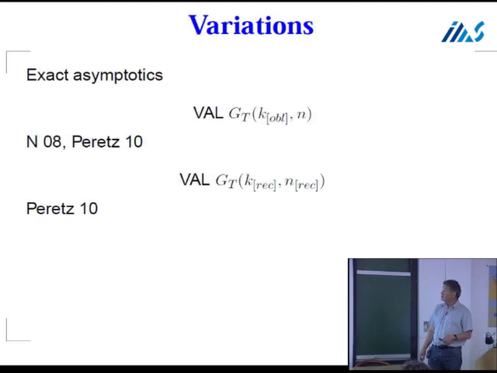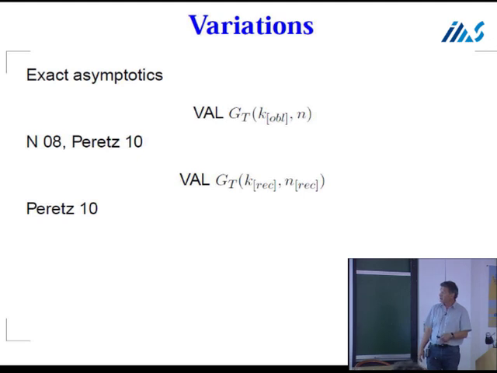So if we look at some of these variations, there is exact asymptotics for the model of the two-person zero-sum game when player 1 is restricted to oblivious automata and player 2 can play an arbitrary automaton. Essentially, the limit is, in that case, the lower bound that we drew in the picture for matching pennies. You could draw this function for any game, and the exact asymptotics follows from a result of mine and Peretz.